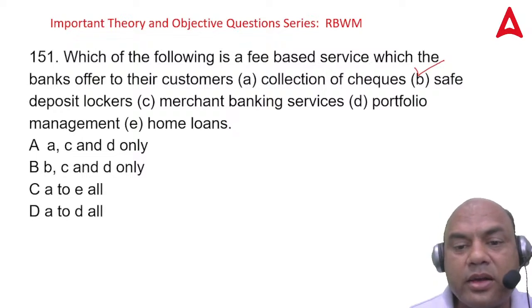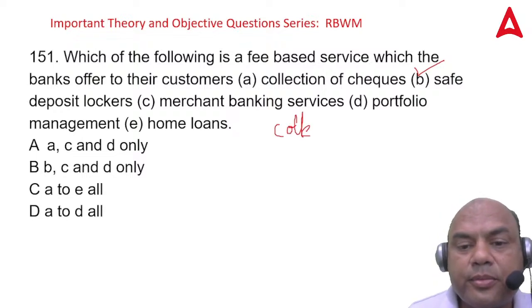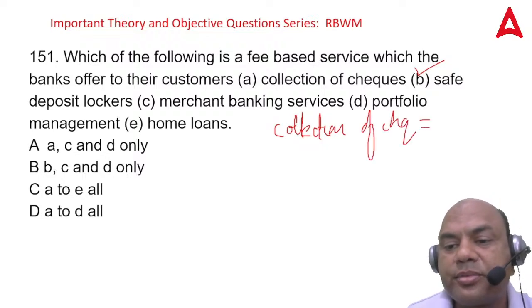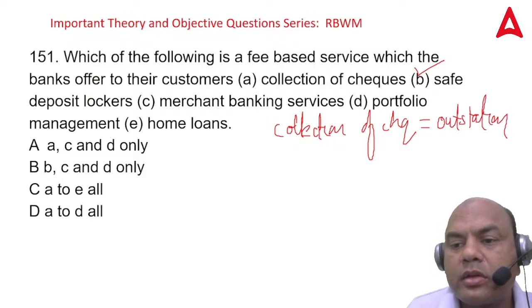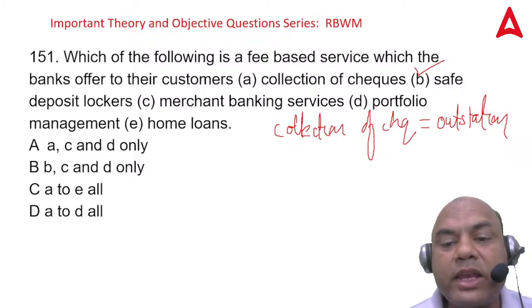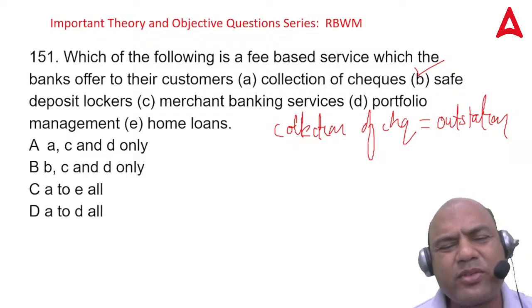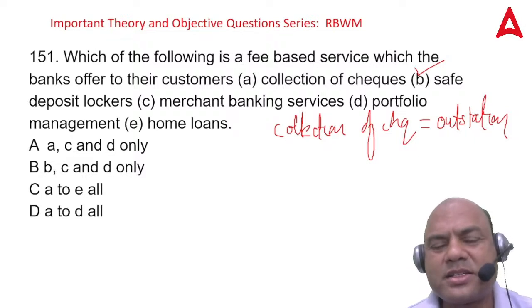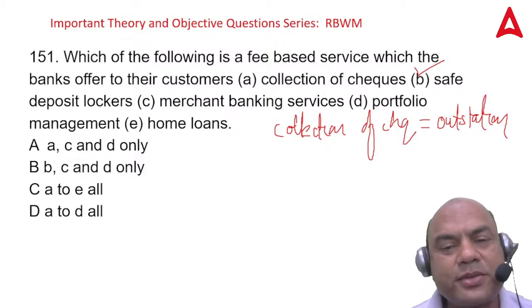So I'll write it over here: collection of checks equals outstation checks, but these are very few now. Who gives you an outstation check today, in this CTS age? So collection of checks is gone.